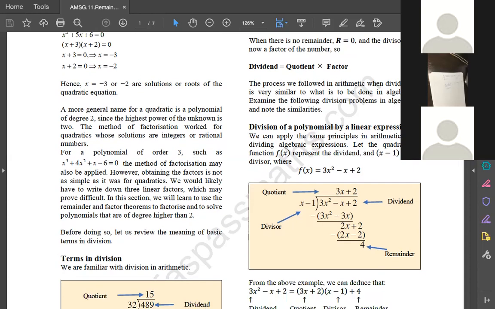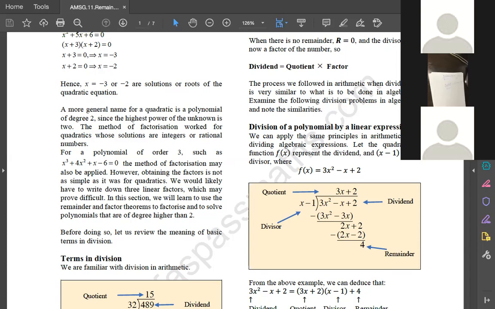So, division of a polynomial by a linear expression. Now in polynomials, when we say something is linear, all linear expressions have a power of 1, not more than 1. When x is standing alone, it means that x is raised to the power 1, but we don't write it. We just write x.